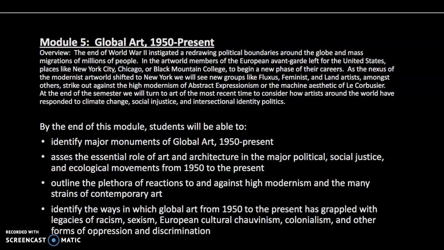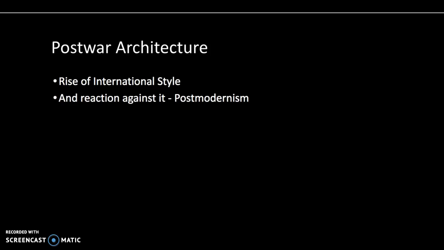As we reach into the second half of the 20th century, we see how architects begin to really fully develop this kind of high modernism, really take the machine aesthetic of Le Corbusier and other modernist architects to its fullest extent.